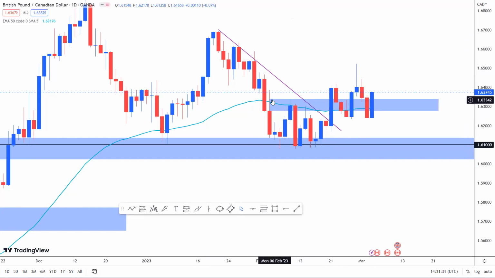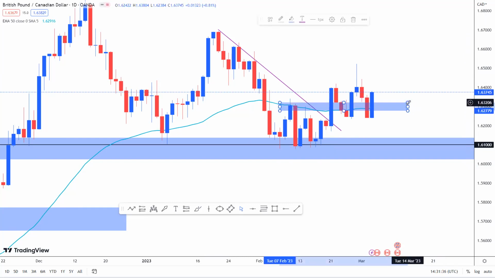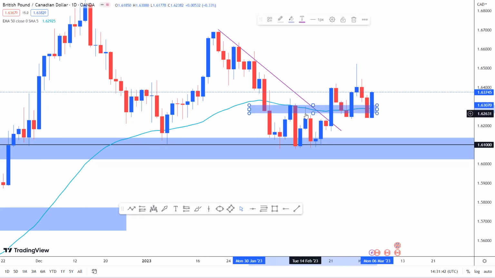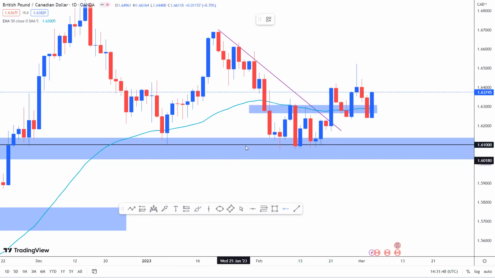And so what we did was identify the fact that we had an inverse head and shoulder pattern whose neckline has been broken. Somewhere around this level right here. All right, somewhere around this level.